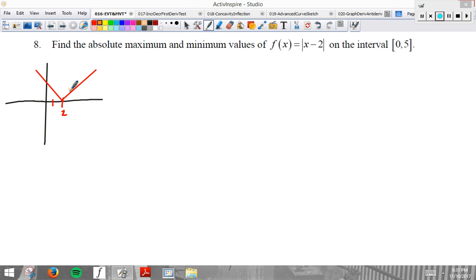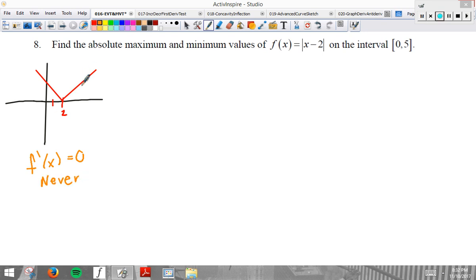F prime, the slope over here is 1. F prime of this interval would be -1. So +1, -1. At x equals 2, we have what is known as a sharp turn. So f prime of x equals 0, never.